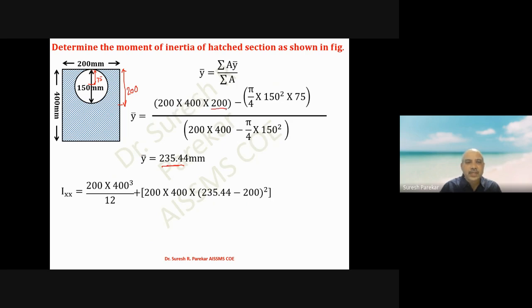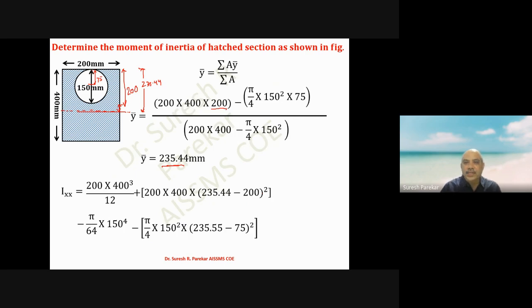So we have this y of the whole section somewhere here, which will be 235.44, and then we have to go with the distance between these two axes, whole section and individual, and there go 235.44 minus 200 whole square, then minus pi by 64 150 to the power 4, because we know for a circular section we have pi by 64 d to the power 4, minus A into h square.